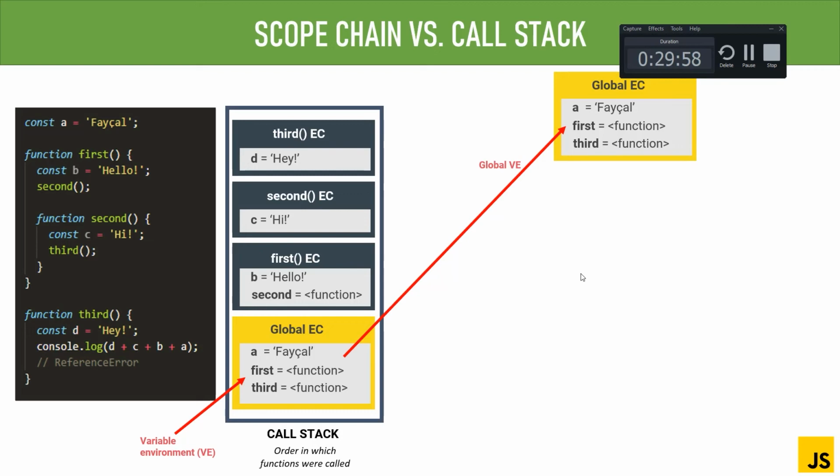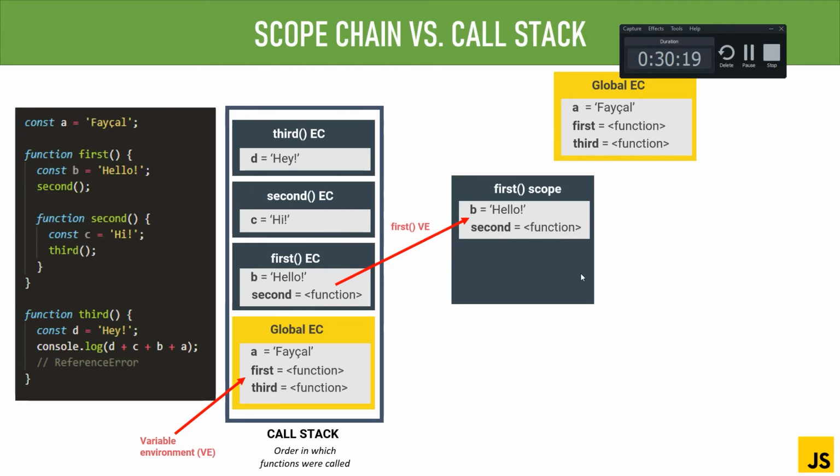And note that in this example, I am actually including function in each scope, unlike we did in the previous slide. Now, in the global scope, we also call the first function, which is the reason why we have an execution context for it in the call stack. And this function, of course, also gets its own scope, which contains all the variables that are declared inside of the function.